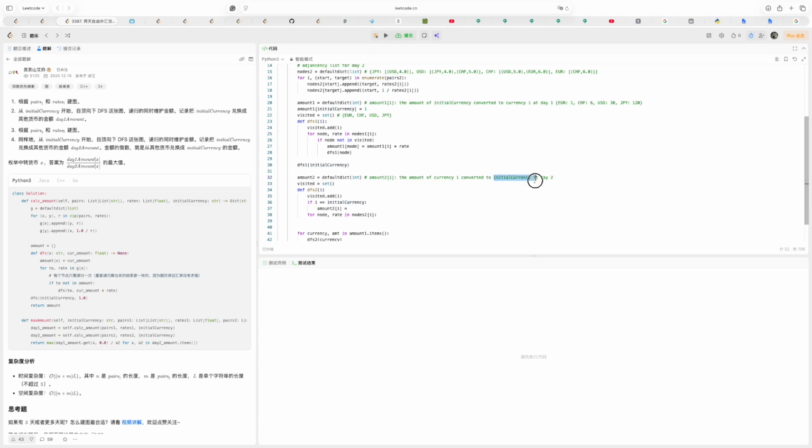And the amount of initial currency converted by currency I, with amount 1 I. Amount 1 will be the amount of currency I converted by initial currency.